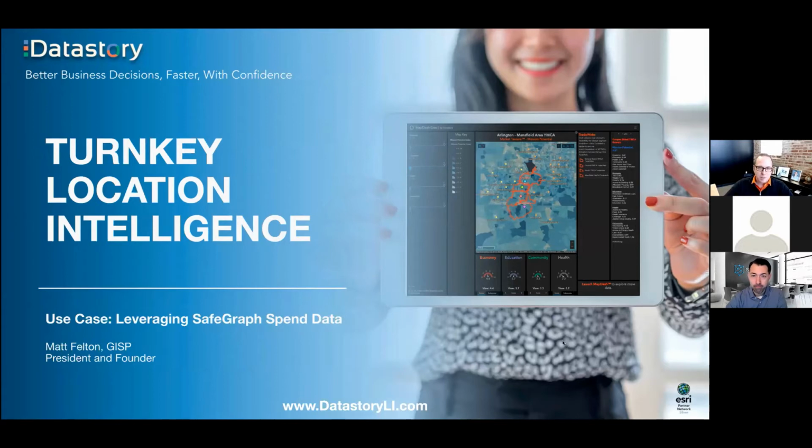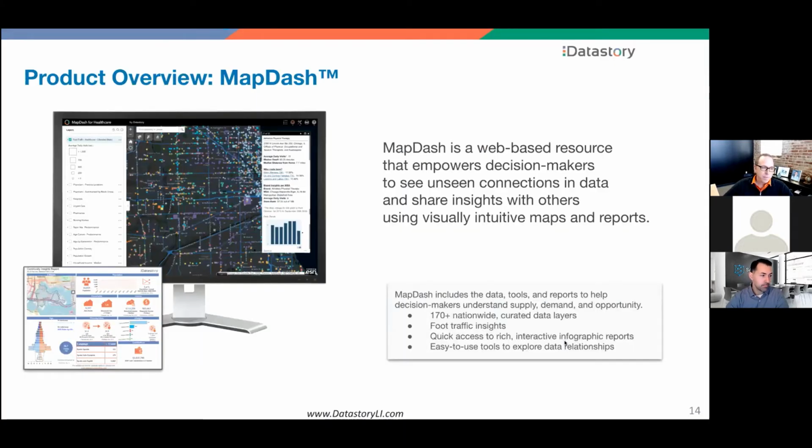On the next slide, you'll see the vehicle through which we deliver our location intelligence is an application called MapDash. It's a web-based software as a service that allows somebody to log in and have access to a wealth of different data sets. Over the years, we're always pulling from best-in-breed data sources, but this notion of spend at a location has been rather elusive.